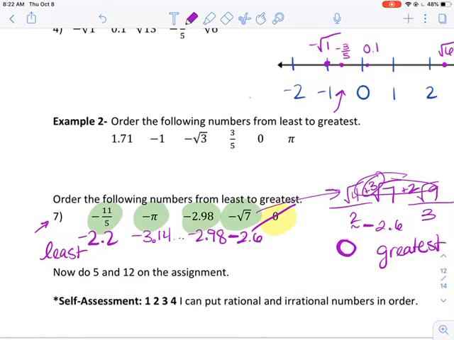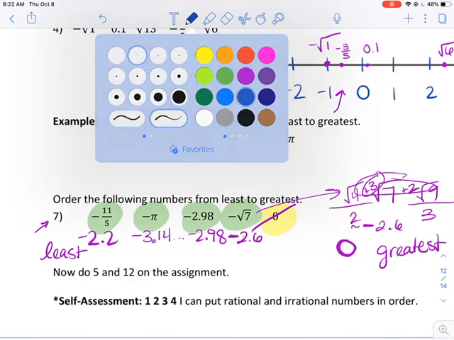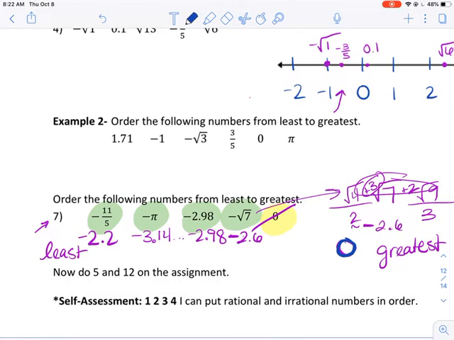Now, we're going to go ahead and put them in order. So I have my 0 already, and then the least number is going to be the number that looks the biggest because we're in our negatives. So negative 3.14 looks the biggest, so negative pi will be on the left side. And then the one that looks the next biggest is negative 2.98.